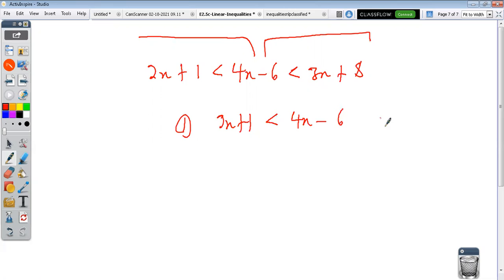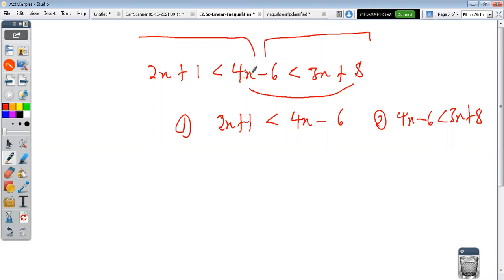Then my second equation will be this part here, 4x minus 6 is less than 3x plus 8. Then we solve the same way we've been solving.